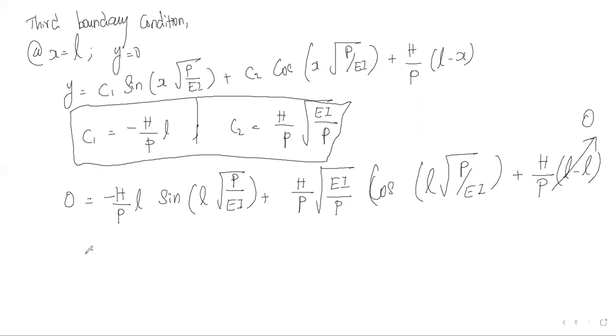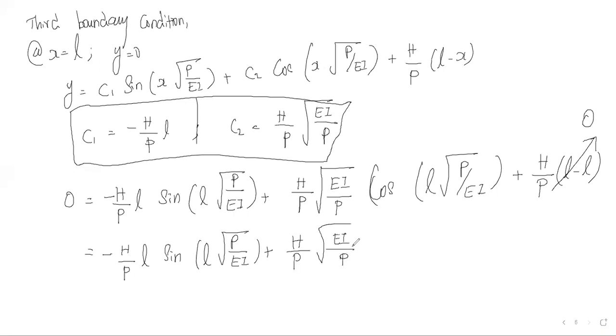Now only the thing available is minus H by P into L into sin L root under P by EI plus H by P into root under EI by P into cos L root under P by EI.